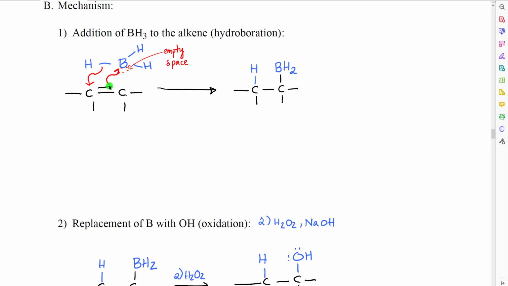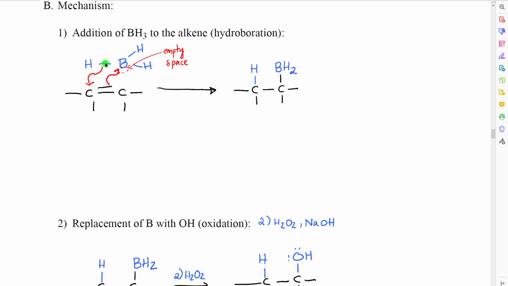The alkene is attracted to the boron, which has an empty space because it only has a steric number of 3. The double bond breaks, it comes out and makes a bond to the boron. At the same time, the carbon during this process gains a positive charge.